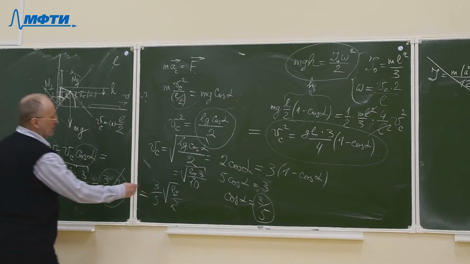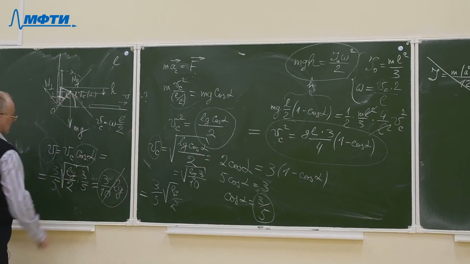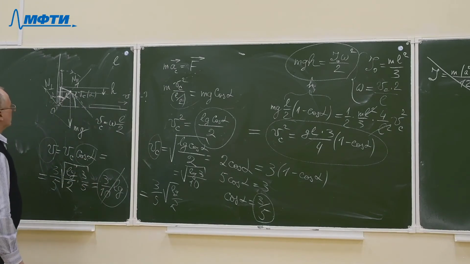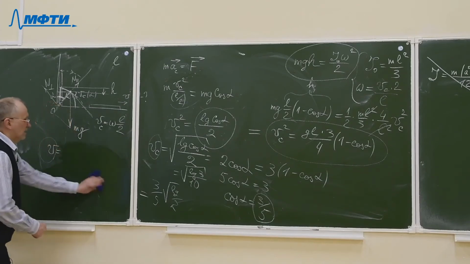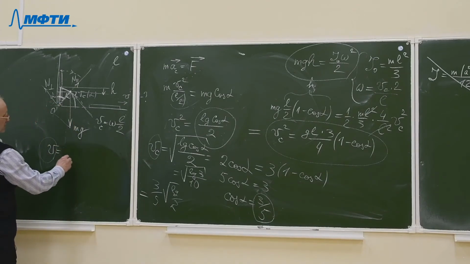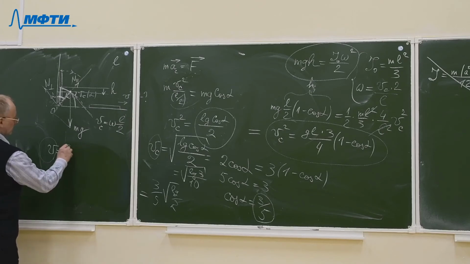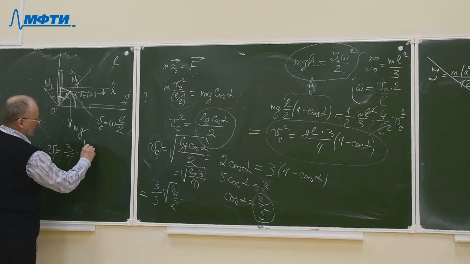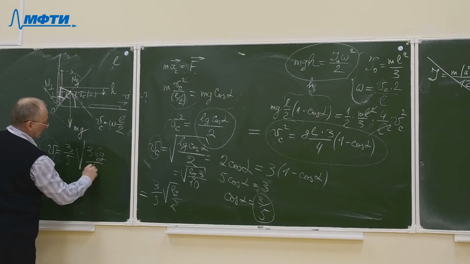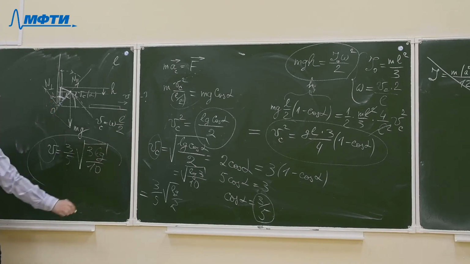So that will be the VC, and we must multiply it by cosine. So the final velocity will be VC times cosine, that is 3 over 5 times the square root of 3Lg over 10. Yes, that's correct. So, any more questions?